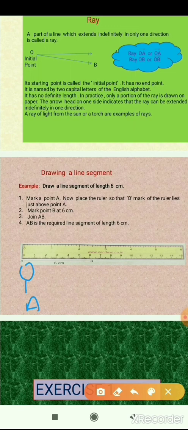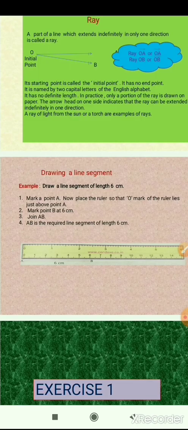Then mark point B at 6 centimeter and join the points A and B. You get AB, the required line segment of length 6 centimeter. In this way you should also practice drawing a line segment using a ruler.